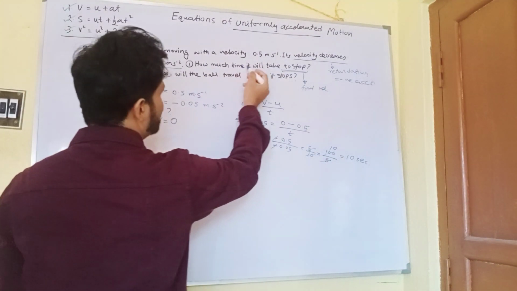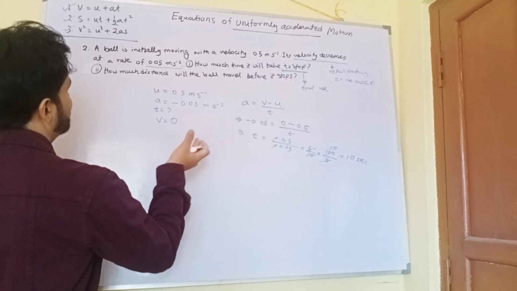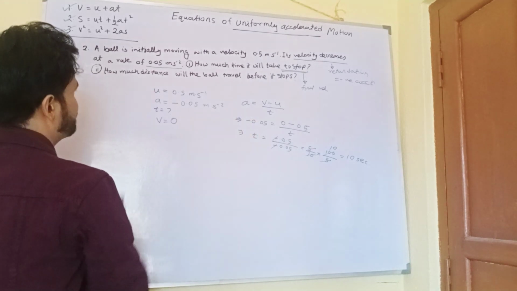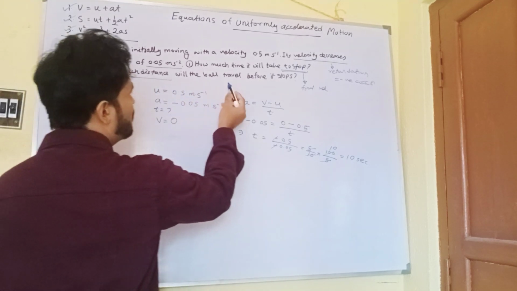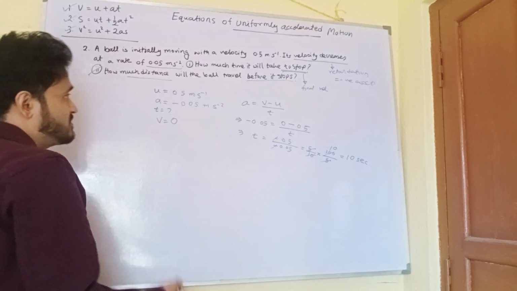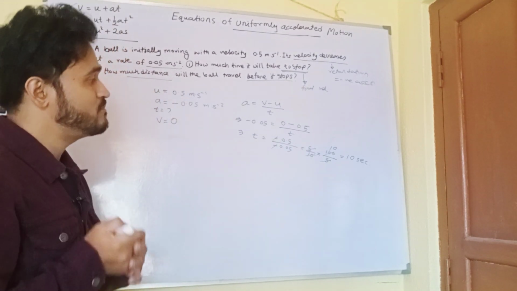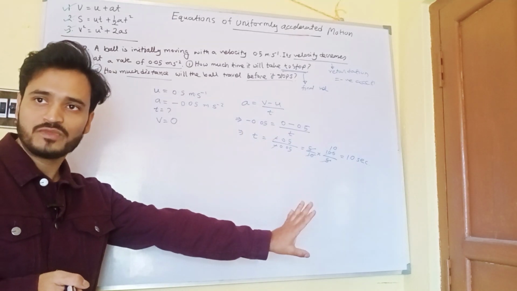So how much time will it take to stop? In 10 seconds the ball will stop. Second, how much distance will the ball travel before it stops? The ball takes 10 seconds to stop.